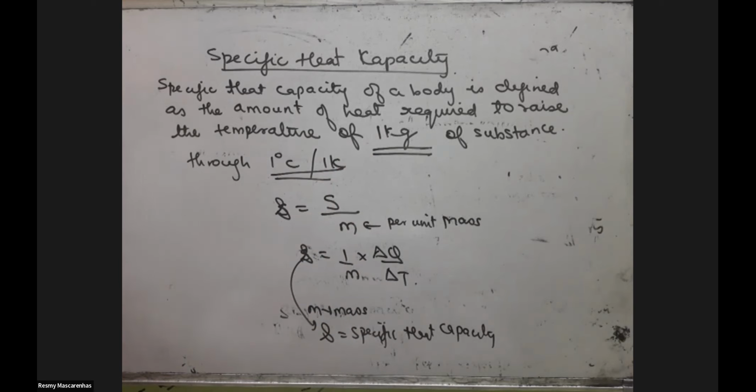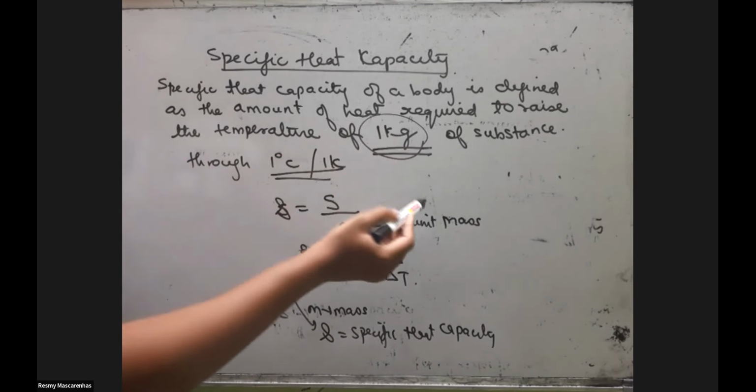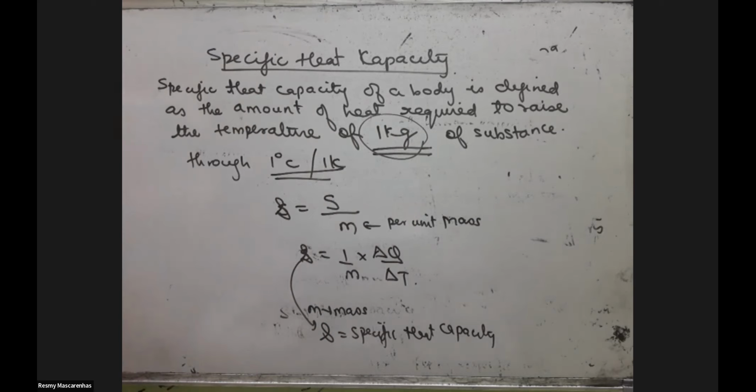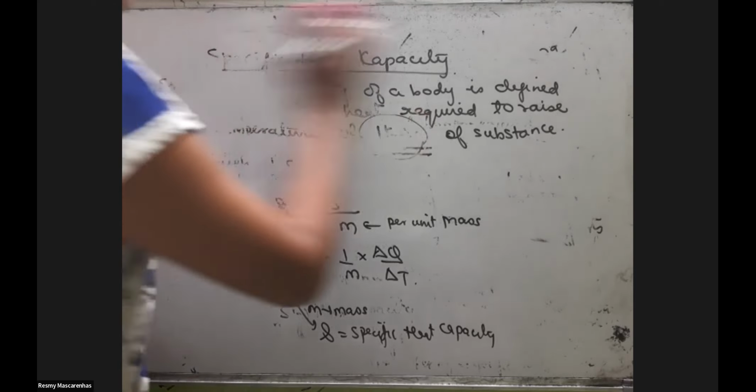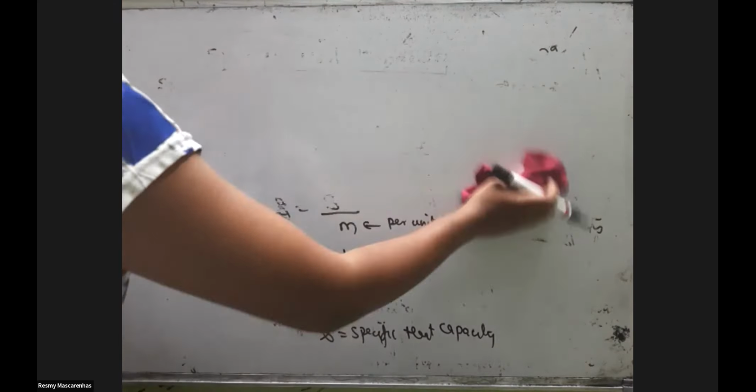In the same way you define per unit kg, you can also find out per unit mole. In chemistry you must have studied Avogadro's number, how many particles there are. So per unit mole you can also calculate, especially for gases and liquids. Instead of kg, if you are calculating per mole, it is called molar heat capacity.